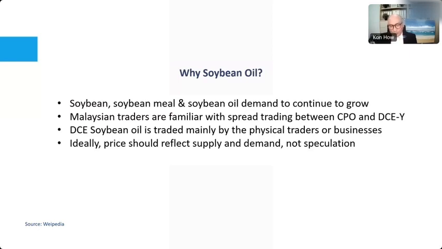When comparing these two markets in recent years, we also saw that the CBOT soybean price is getting much more volatile, which I suspect the China government does not like, because I believe they prefer a price that is based on pure supply and demand, not on speculation. Why? Because DCE soybean oil is traded mainly by enterprises.